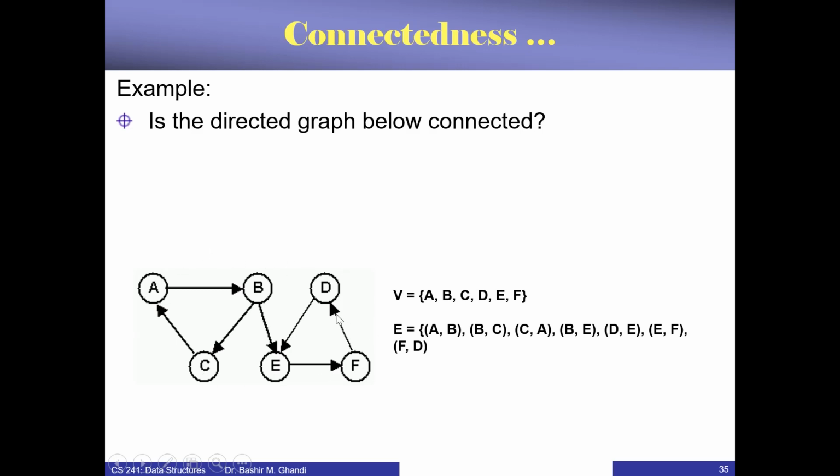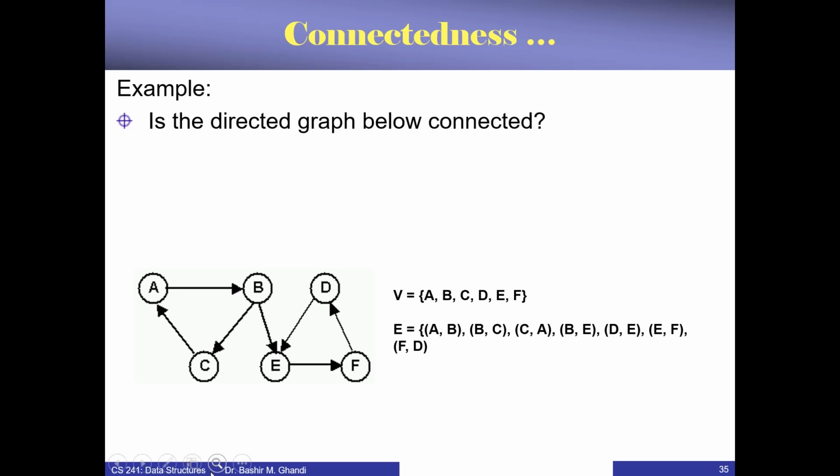For strong connectedness, there must be a directed path, a path that considers the direction of the arrow, from each vertex to every other vertex. So obviously, this is not the case in this graph. So the graph is not strongly connected.